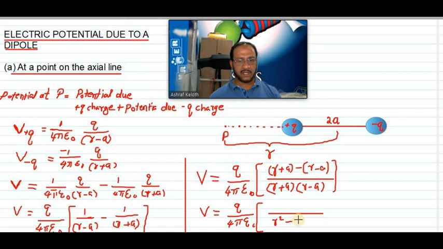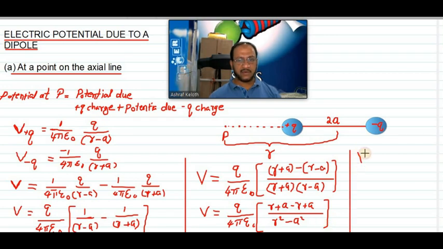In the numerator, when we open the bracket, we get R plus A minus R, and minus into minus becomes plus A. So both R cancel, and A plus A becomes 2A.